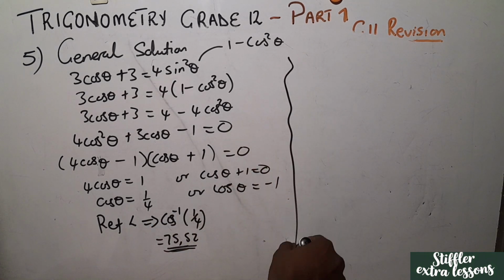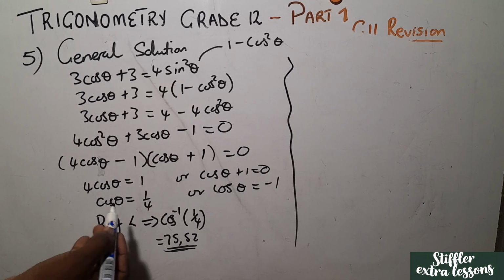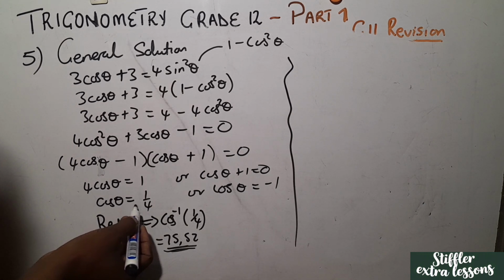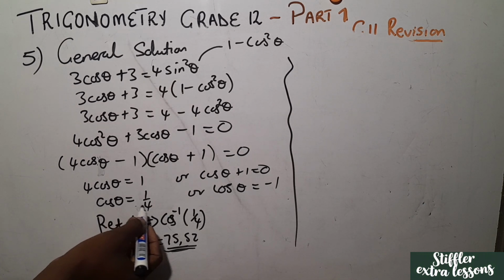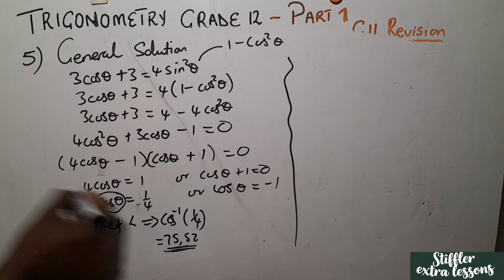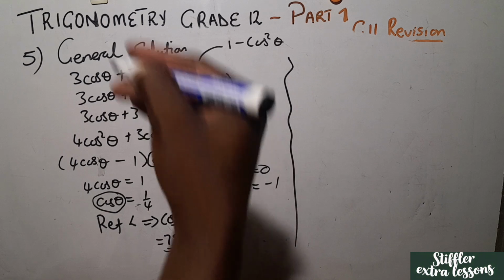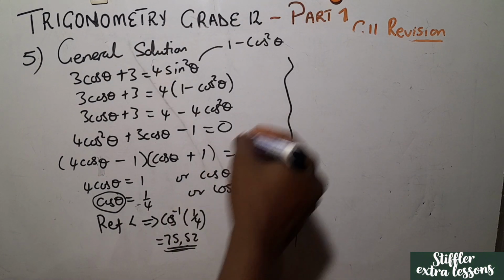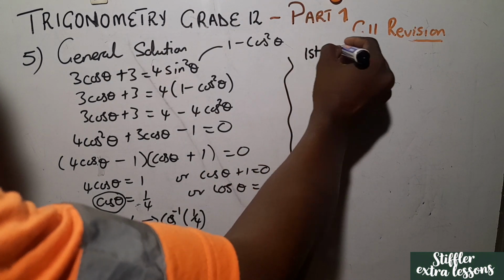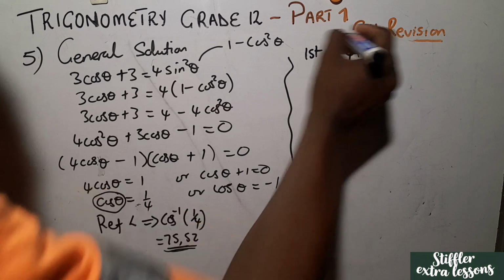So now with the reference angle, what do you do now? You check here now. Is this positive or negative? According to this, this is positive. So it means that our cos is positive. So you check where cos is positive. So cos is positive in the first and fourth quadrant.